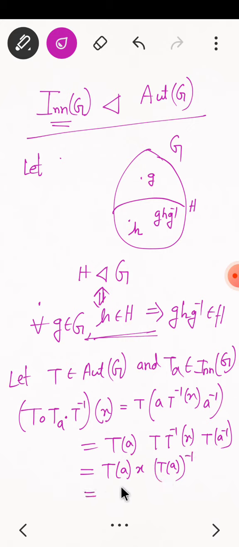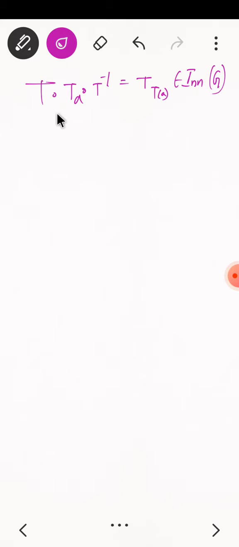So this is equal to T_T(a)(x) for any x belongs to the group G. So T composition T_a composition T inverse equals T_T(a). So this element belongs to Inn(G). So by the necessary and sufficient condition of normality, we can say that Inn(G) is a normal subgroup of Aut(G).